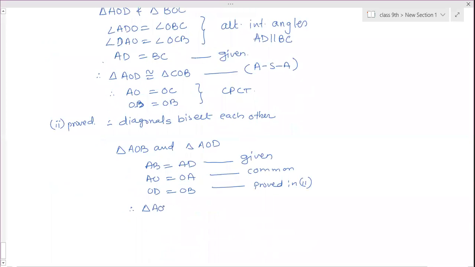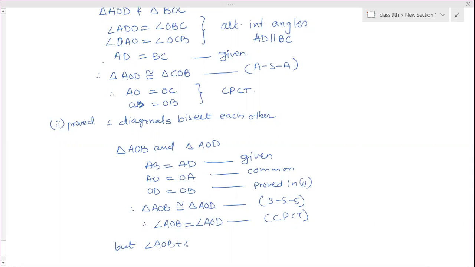Therefore, triangle AOB is congruent to triangle AOD by SSS congruency, and therefore angle AOB is equal to angle AOD by CPCT. But angle AOB plus angle AOD is equal to 180 degrees, linear pair.